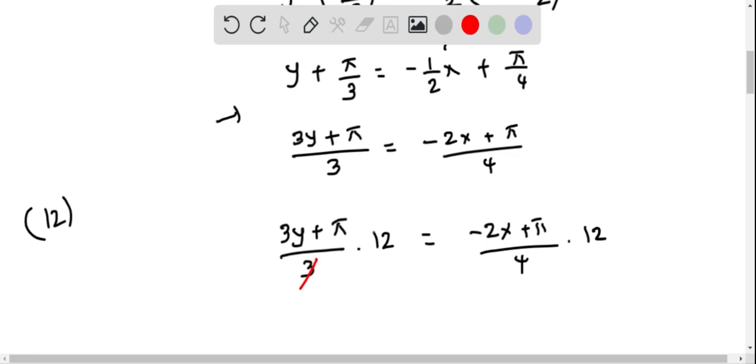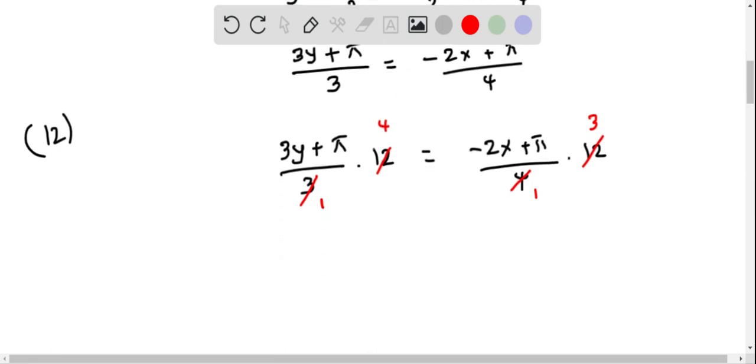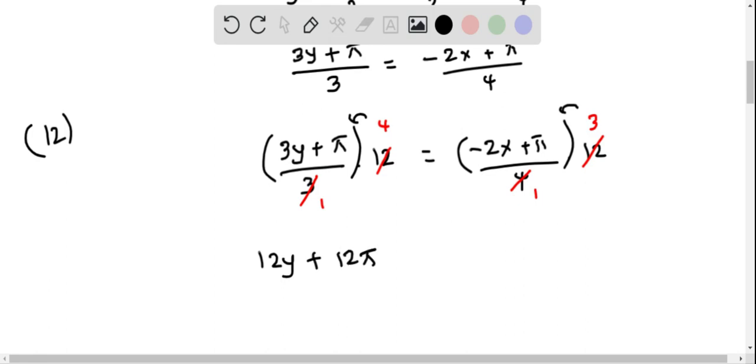We see that we can cancel this 12 with the 3 as 4 times, this 12 with 4 as 3 times. So we have to distribute this 4 into the terms, similarly distribute the 3 into the terms, and when you do that we get 12y plus 12 pi, and this equals 3 times negative 2 is negative 6x plus 3 times pi is 3 pi.